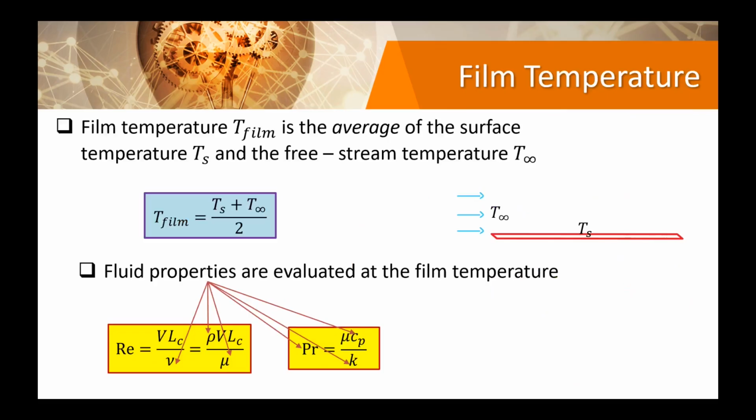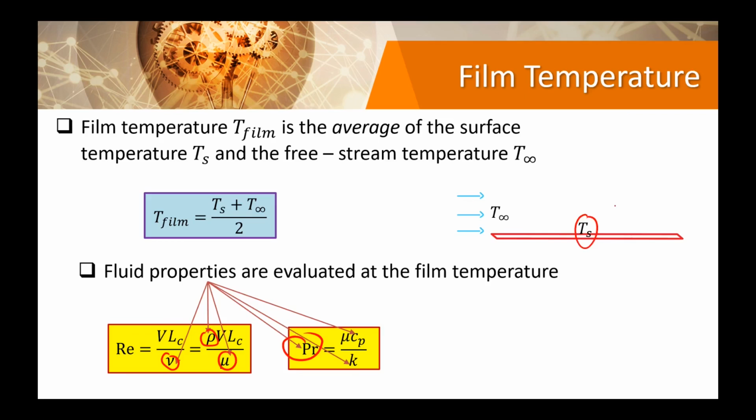All right. Now, the last thing before we get into the examples is that I need to explain the film temperature, because when we solve for Nusselt numbers and Reynolds numbers and whatnot, we are dealing with properties. We cannot escape from dealing with properties. What is the temperature that you want to look up? Is it going to be the surface temperature?